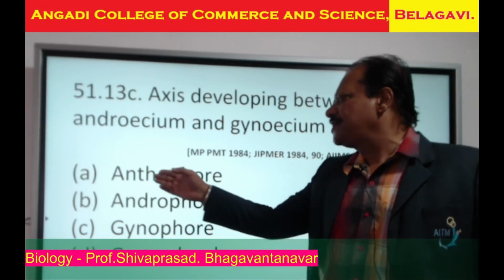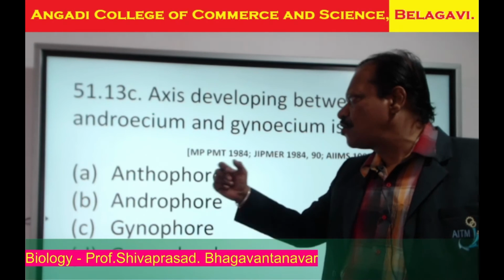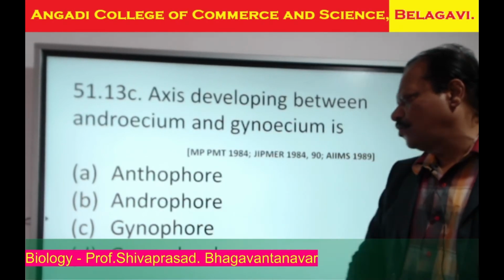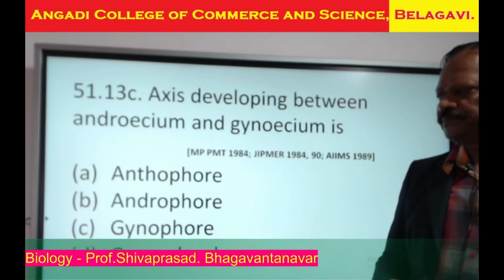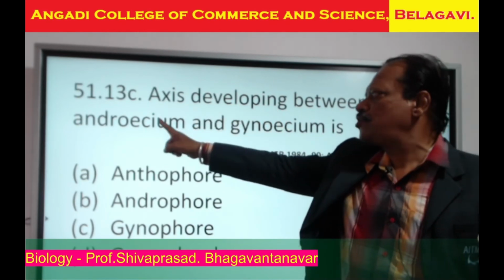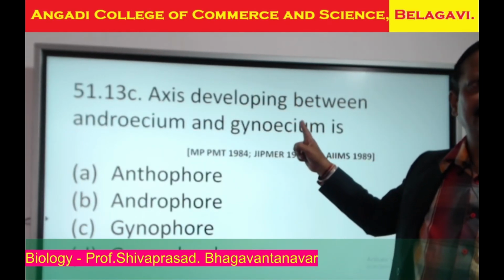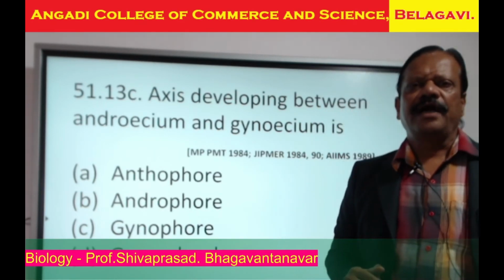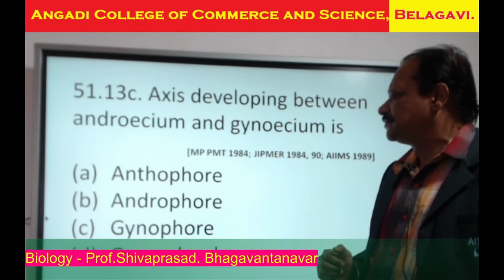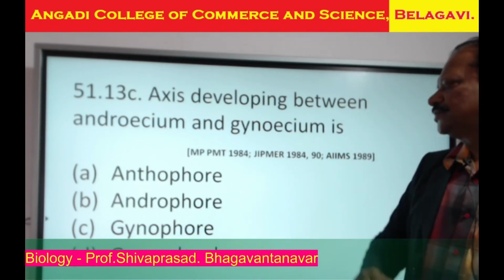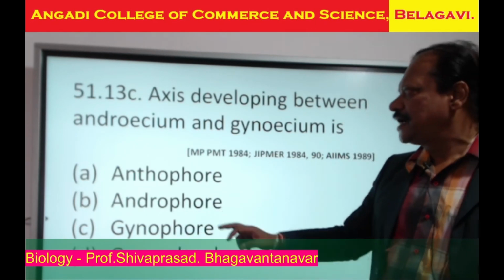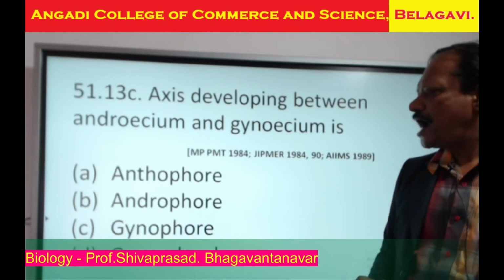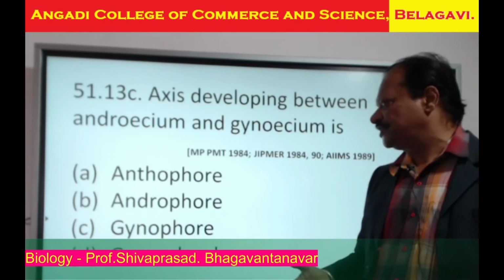The options are anthophore, androphore, gynophore, gynandrophore. Here androecium and gynoecium are given, and the axis between them is considered the gynophore. So the right answer is gynophore. Now we'll move to the next question.